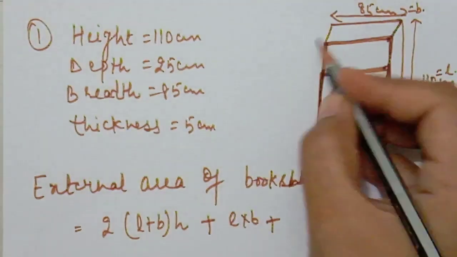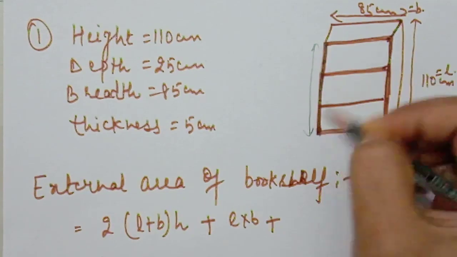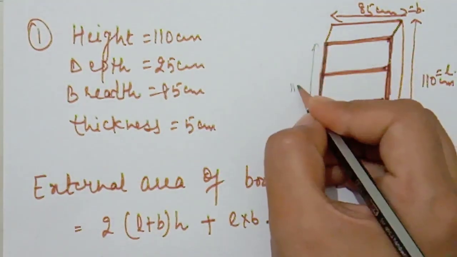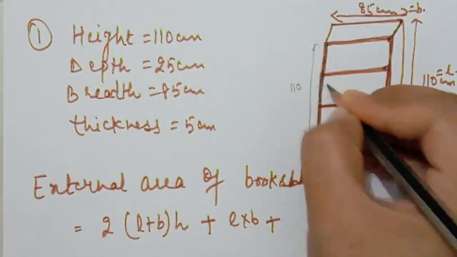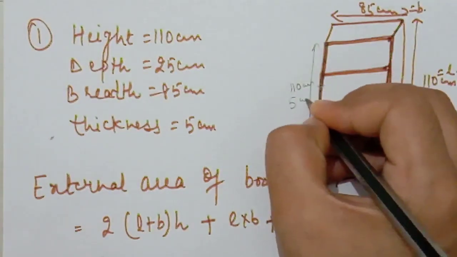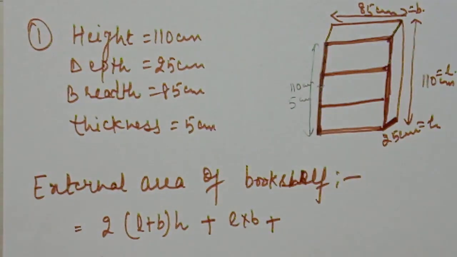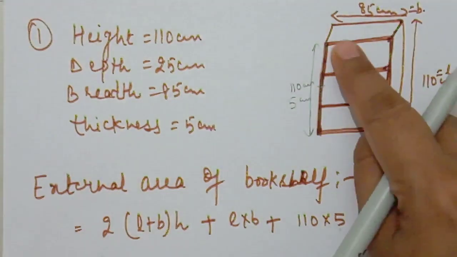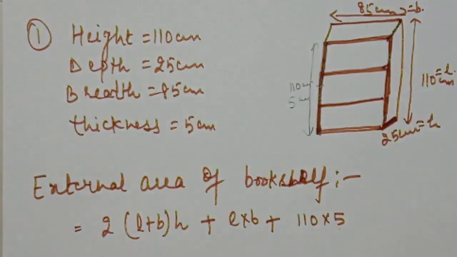The length of this small rectangle is 110 centimeter, and the breadth of this plank is 5 centimeter. So the area of this rectangle is 110 into 5, length into breadth. But we have two such rectangles, so we have to multiply this by two.